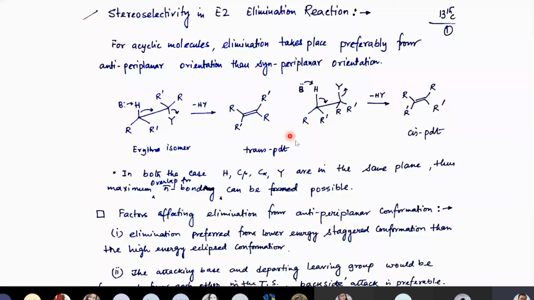Now, I must also mention that syn elimination from the syn-periplanar orientation also happens. There are a total of 3 or 4 examples I will give towards the end of today's class. Those are called pyrolytic syn eliminations. Those fall in this category. But for acyclic molecules, something like this, the elimination is more favorable from anti-periplanar orientation.